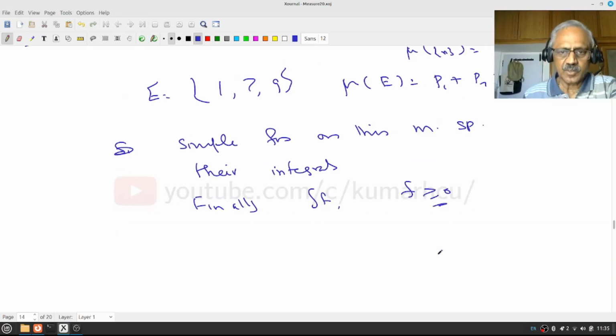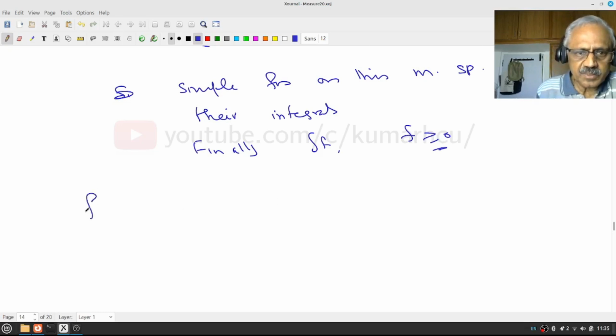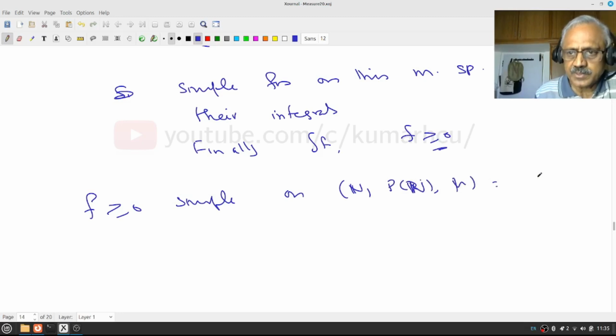This is what our plan is. Right? Now note, let us assume f is any simple non-negative function on the space N, P of N, mu, where mu is, and simply write it as, the counting measure with weights.